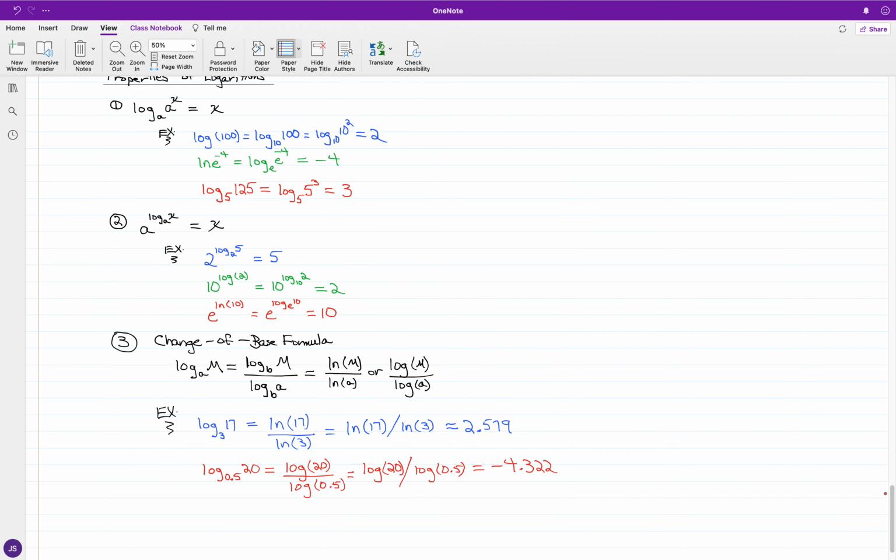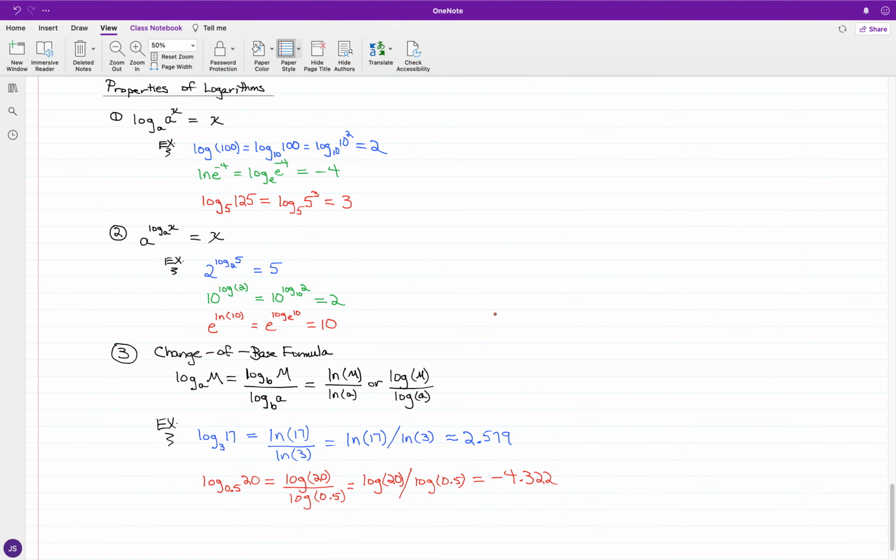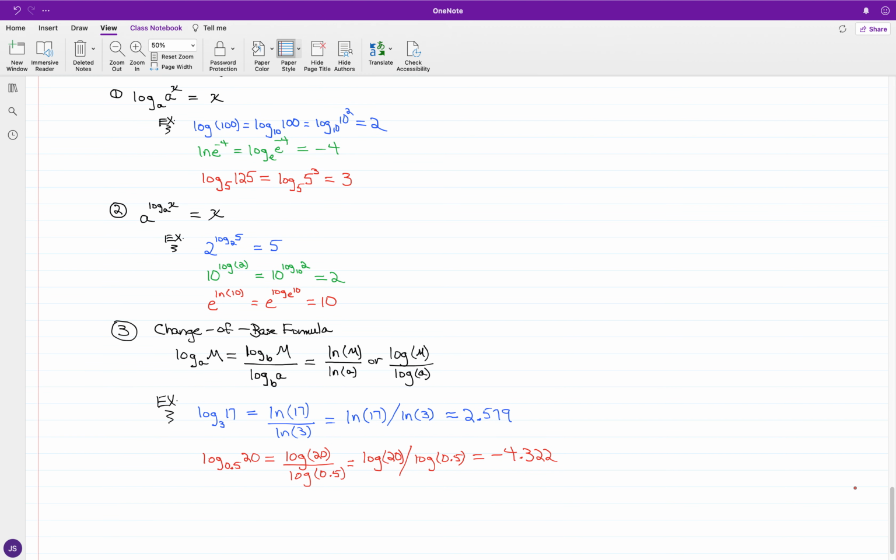All right. So among the introductory properties we have concerning logarithms, again, the base a logarithm of a to the x goes to x, and a to the base a logarithm of x goes to x. And again, we have the change of base formula. Now there is another property. For the first one, you had a match between the exponential and the logarithmic bases.